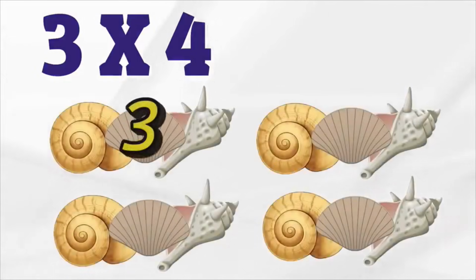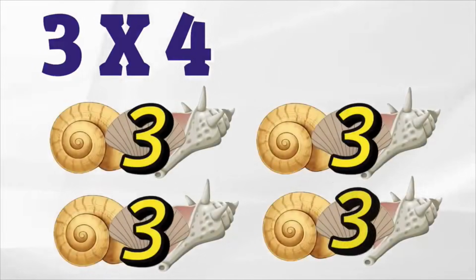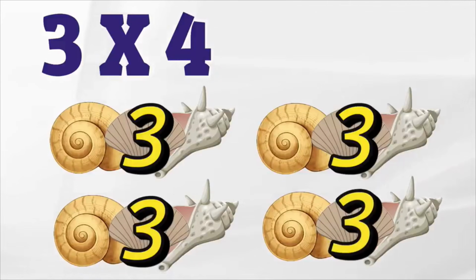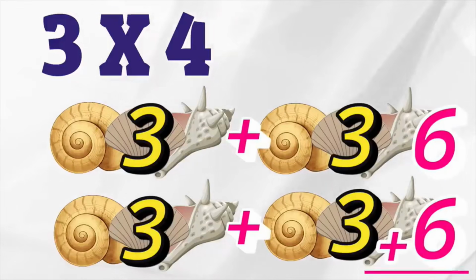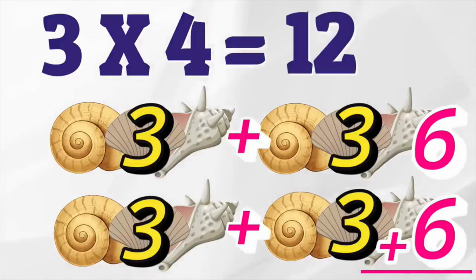It's the same as 3 plus 3 plus 3 plus 3. 3 plus 3 equals 6. So each of these pairs equals 6. And what's 6 plus 6? Yeah, 12. That means 3 times 4 equals 12.